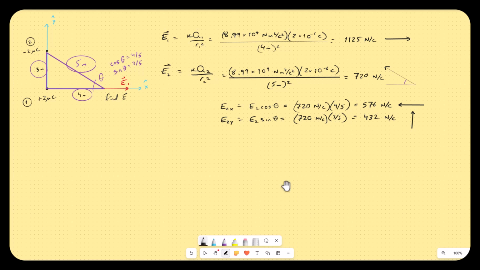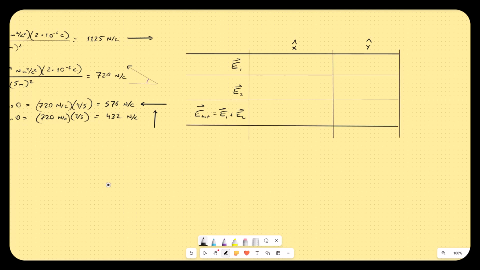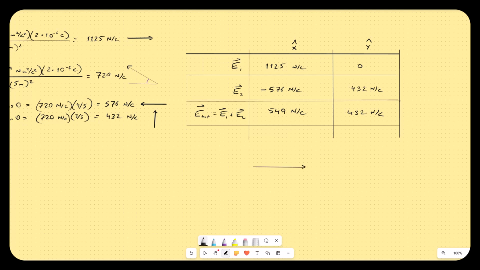And now I can add these up in a table. And then I can reconstruct this vector. I've got an x component that points to the right. I've got a y component that points up. So I get a hypotenuse that I can get from Pythagorean theorem. And I get 699 newtons per coulomb.